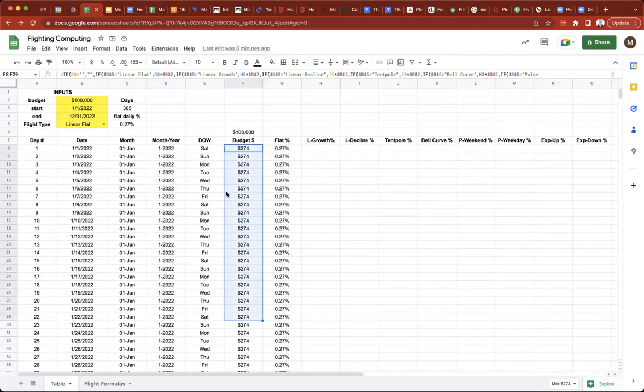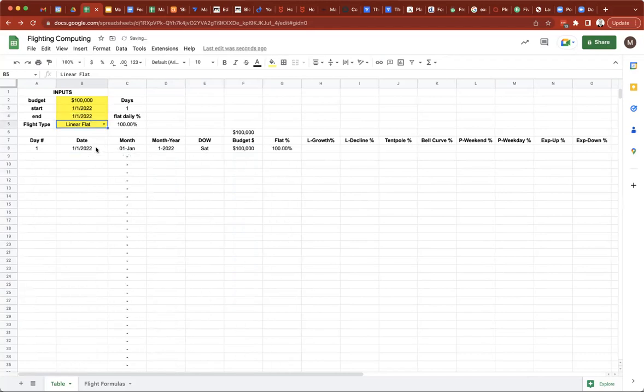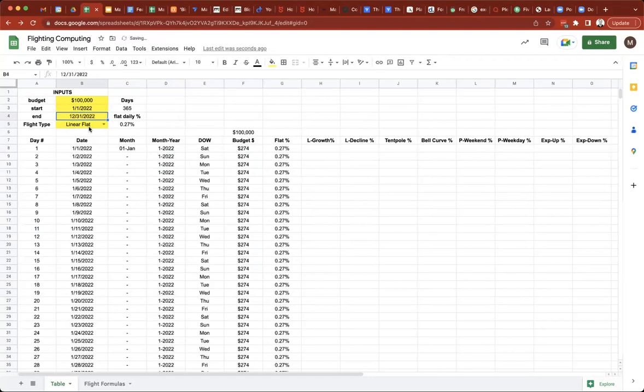All of this is dynamic at the moment, right? So if I were to change this just to 1 day, for example, then everything changes to just 1 day, and the budget changes, all that kind of good stuff.